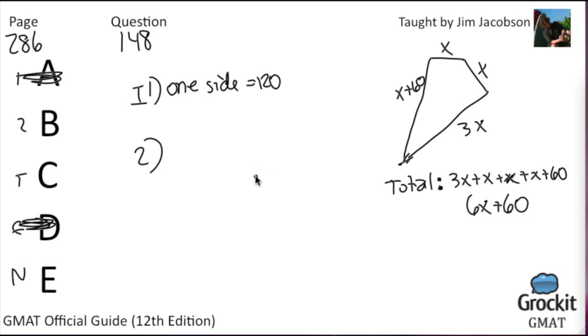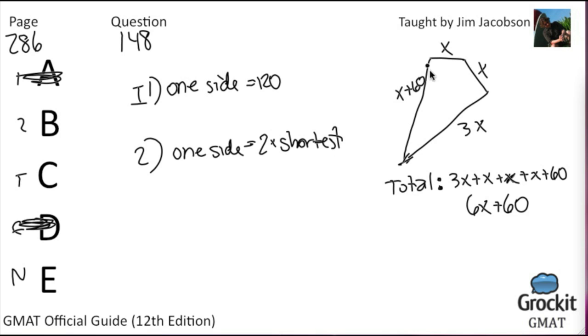Second statement. One of the sides of the path is twice as long as each of the two shortest sides. Okay, so this looks promising.